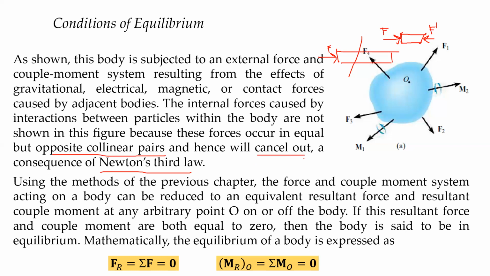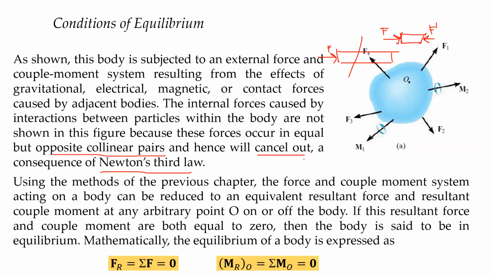Now, using the methods of the previous chapter on equilibrium of a particle, and also the topics we had on force and couple moment systems that act on a body, it can be reduced to an equivalent resultant force and resultant couple moment at any arbitrary point O on or off the body.